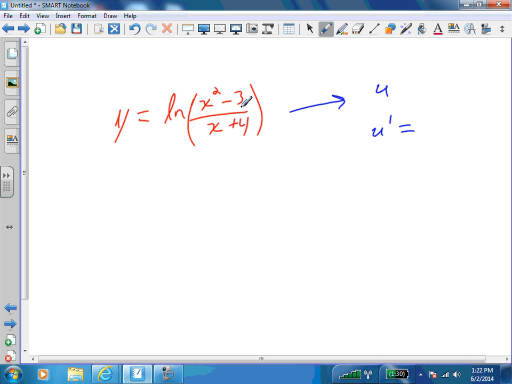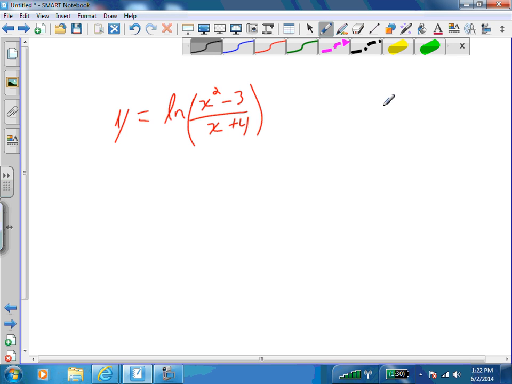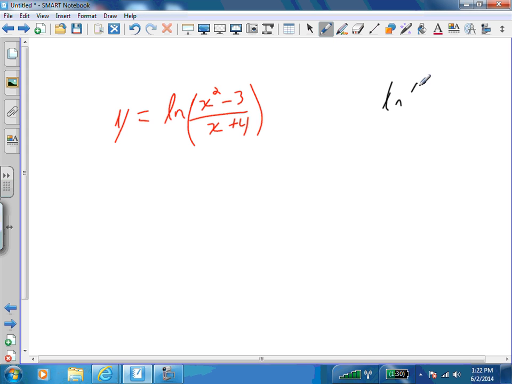But remember, with logs, natural logs, there are special rules to simplify expressions. One rule you might remember is if you have log of the quotient, we can rewrite that as the log of the numerator minus the log of the denominator.